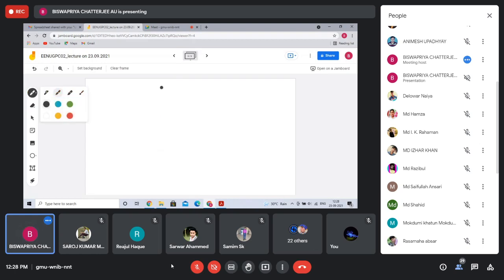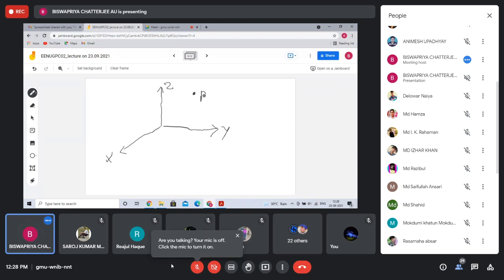Next, in case of the spherical system, let me draw the diagram first. This is x, this is y, and this is z. So any point P is r, theta, phi.